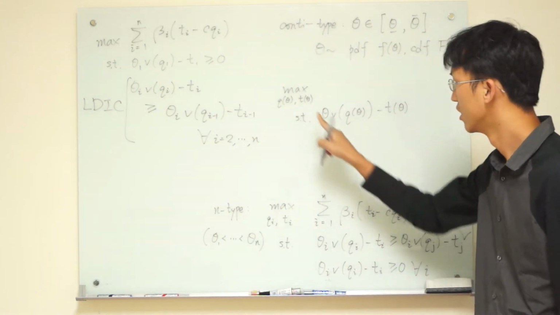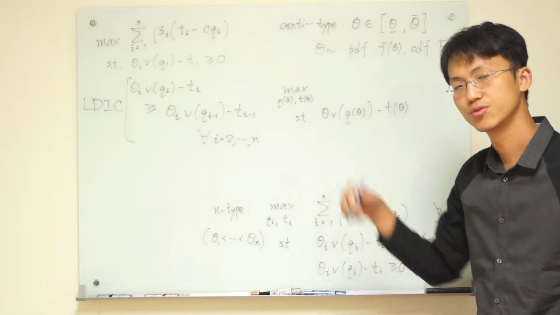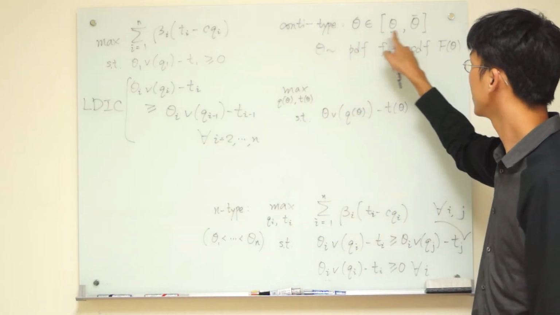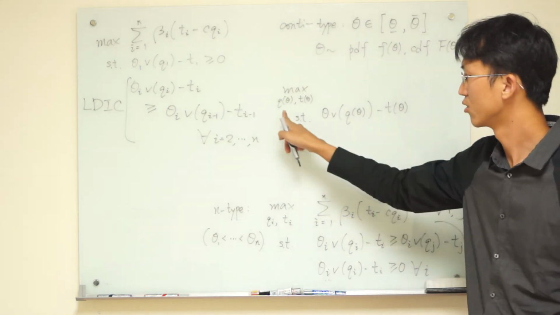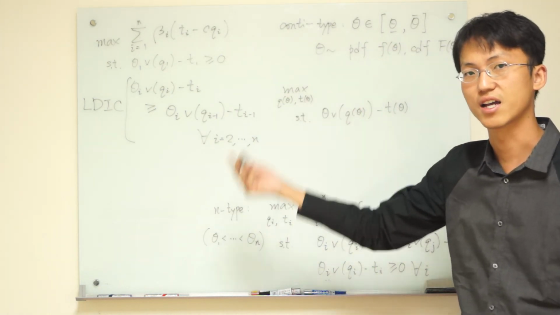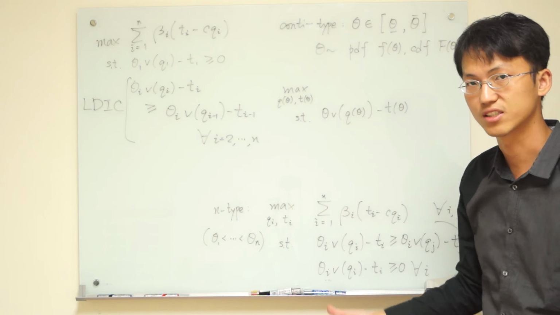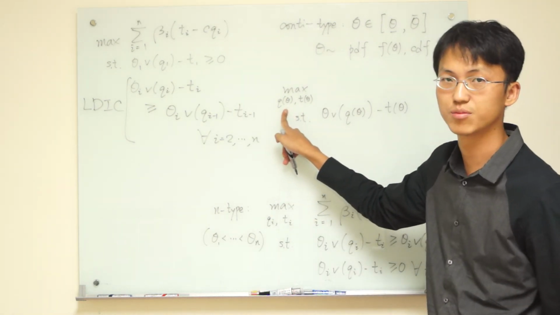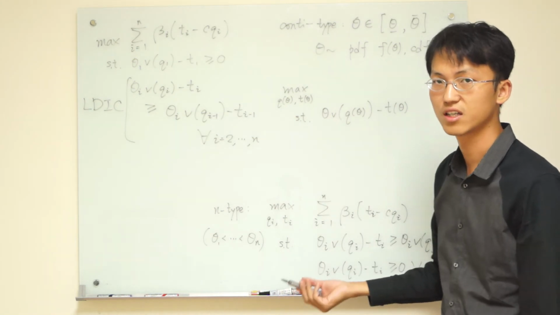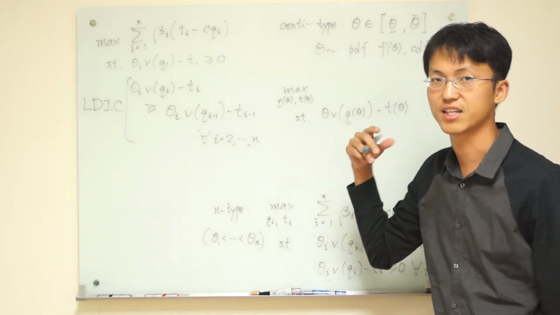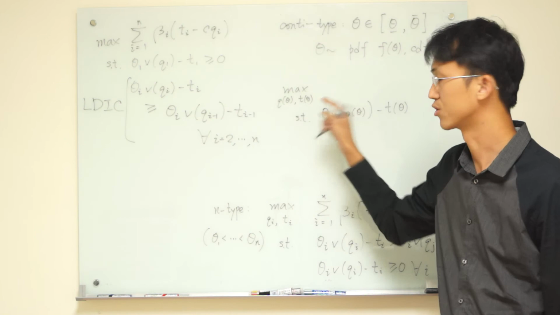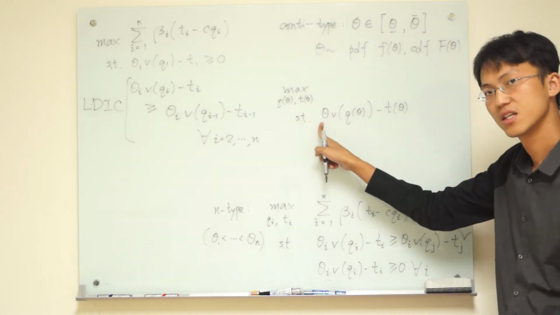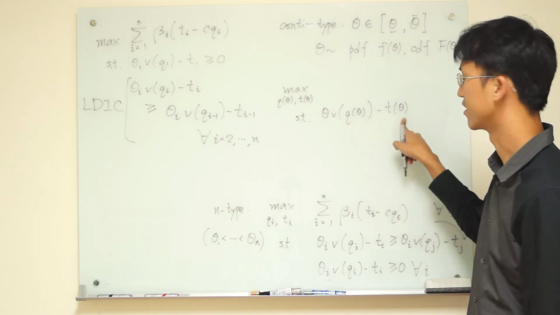What does that mean? For each type, you need to offer a contract, right? And now you have infinitely many types, so you need to decide infinitely many contracts. At the end, you are actually determining functions. So your decision variables are exactly functions, one function and two functions. So for type theta, he is going to take Q theta and T theta.